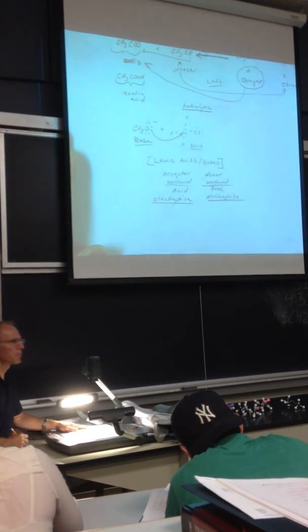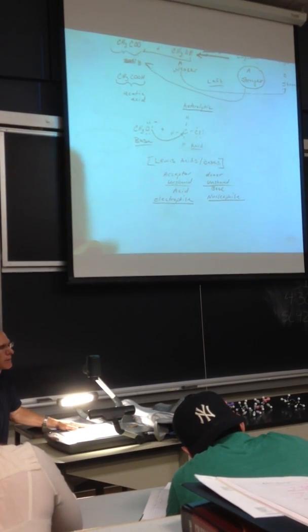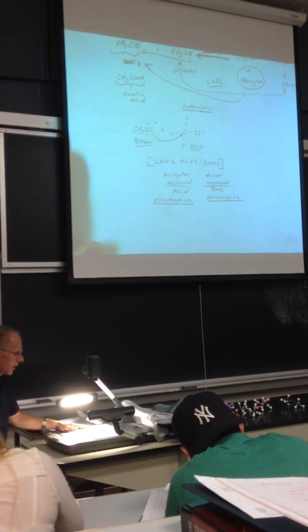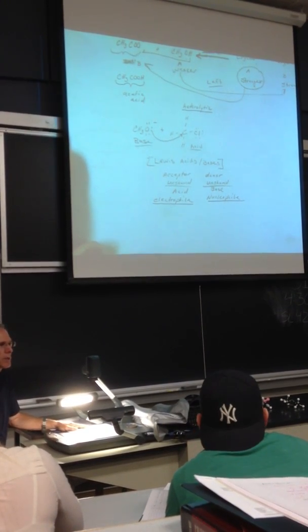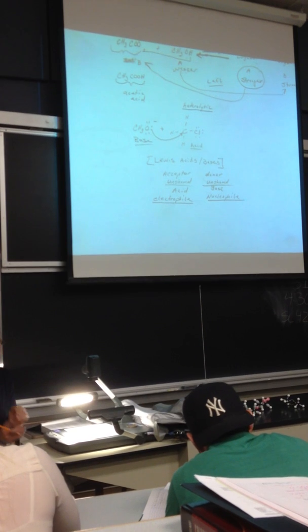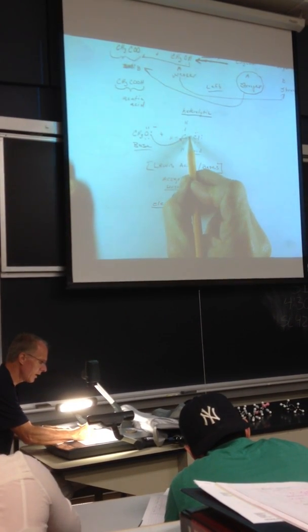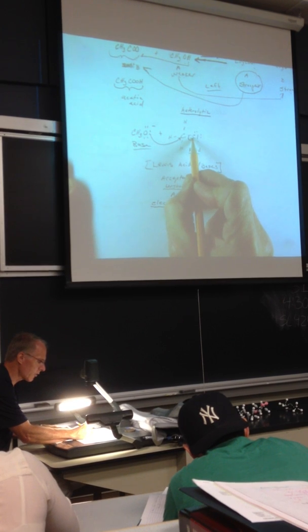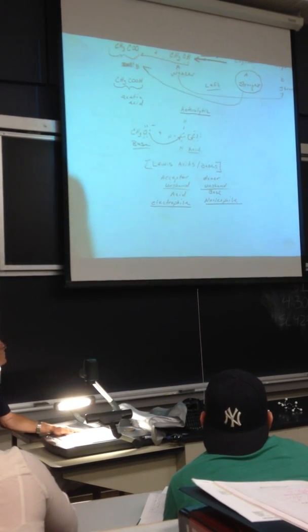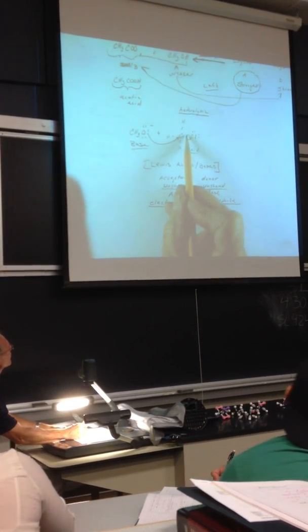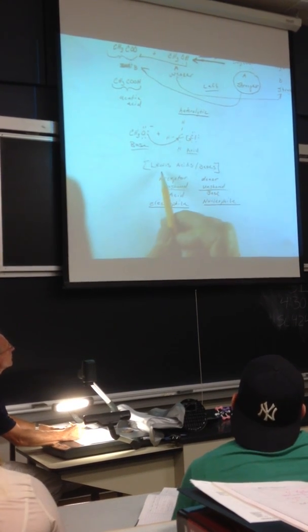Lytic refers to breaking or lysis, splitting. Hetero meaning that it's an unequal splitting. The electrons are going to just one species. So we draw that, we take an arrow, and we draw just a little looping arrow right onto the chlorine itself, saying that that pair of electrons is now being dumped onto the chlorine.